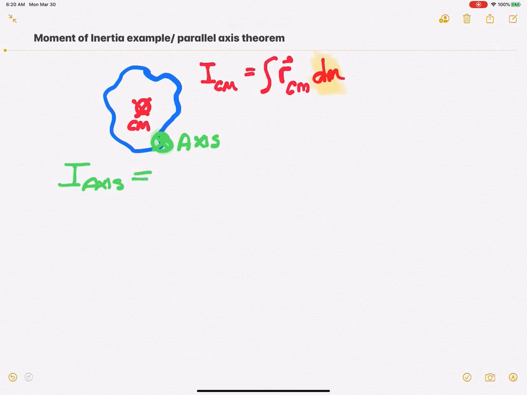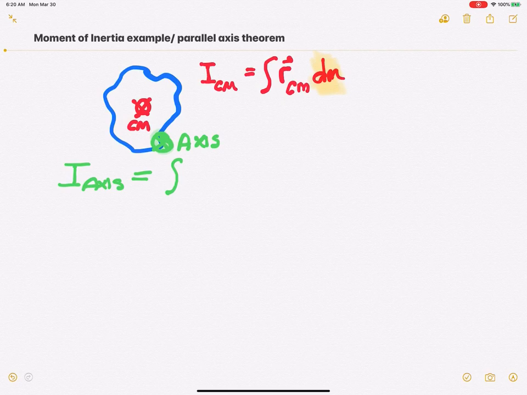For most normal shaped objects, we have a whole list of what the center of masses look like, but let's recognize that what we need to do then is take the integral of the axis of rotation.